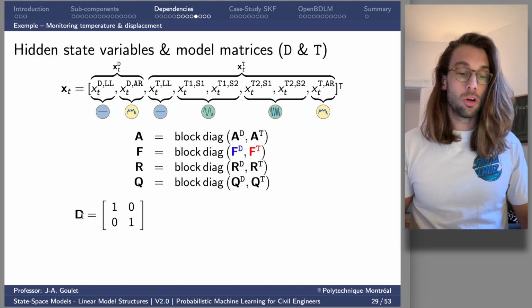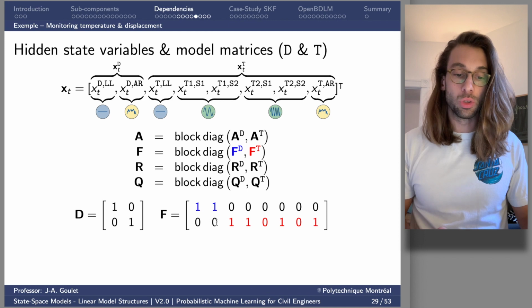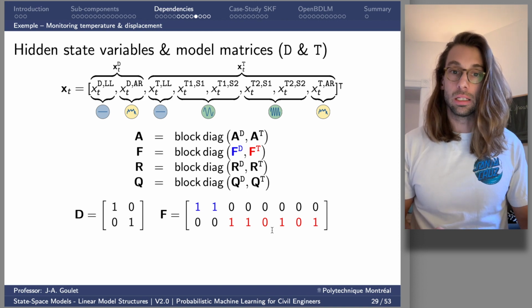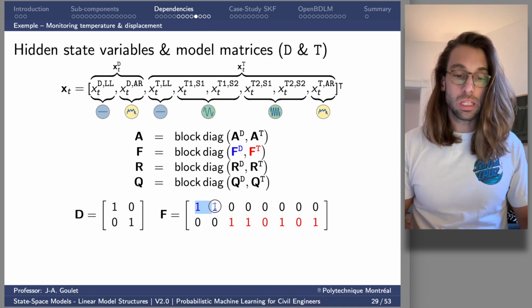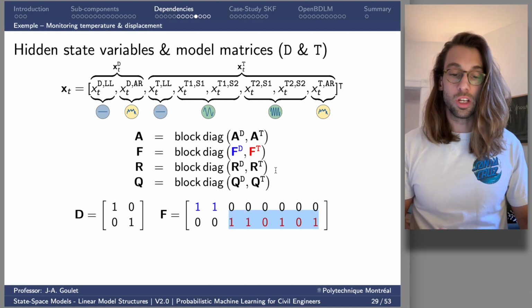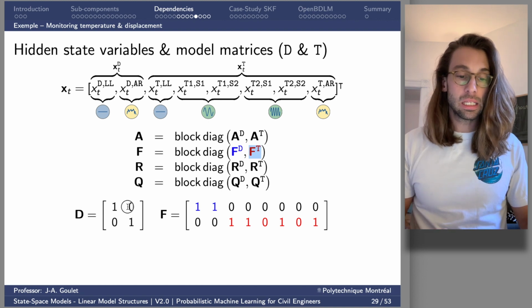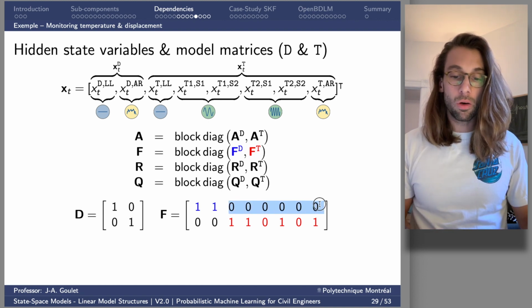So if I assume that my observation matrix is diagonal, in that case, it would lead to an F matrix that looks like this, okay? I have my first F matrix for my displacement in blue, and I have my second observation matrix for my temperature in red, okay? And since this term is 0, I have 0 in that term here.